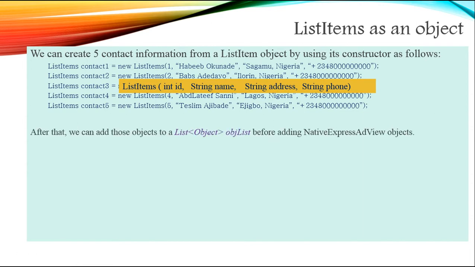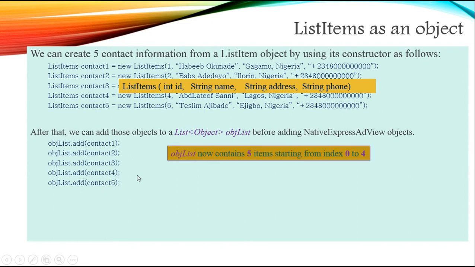So you can add the 5 objects to your object list, as we have done in the last example. You can use a for loop, or you can write it plainly as objectList.add. So after this, our object list will now contain 5 items starting from index 0 to 4.